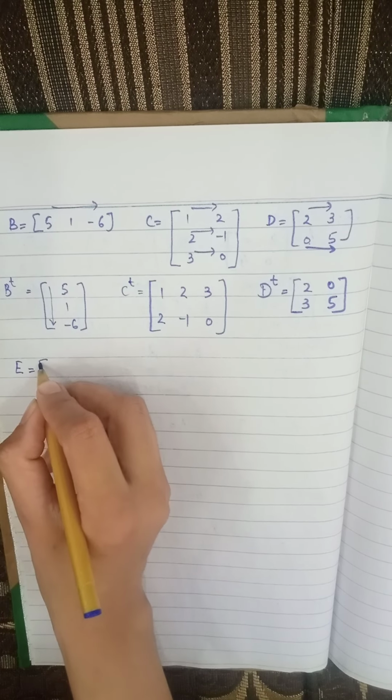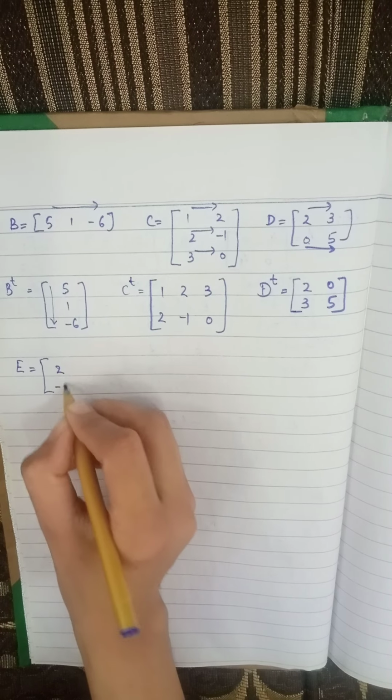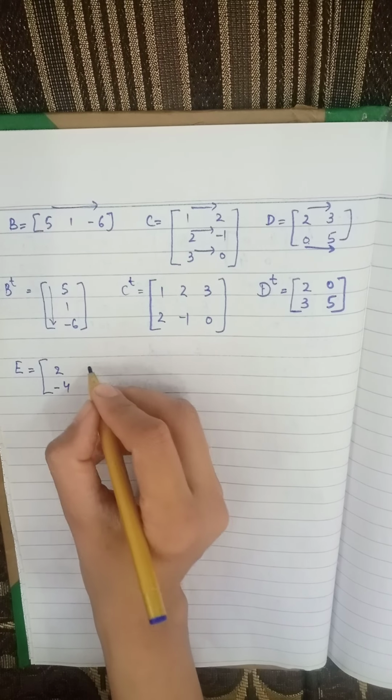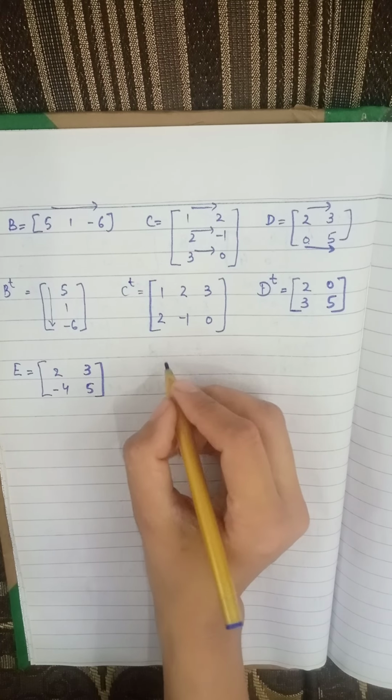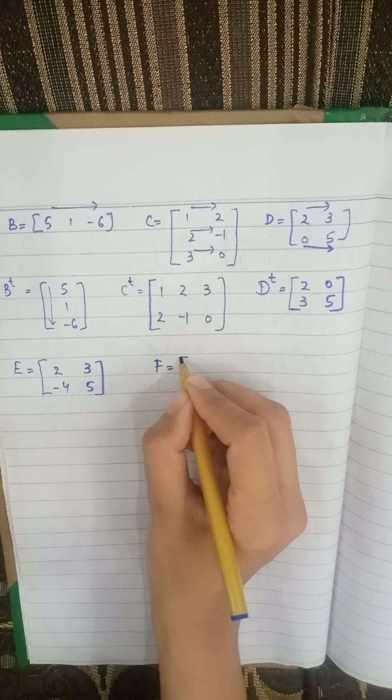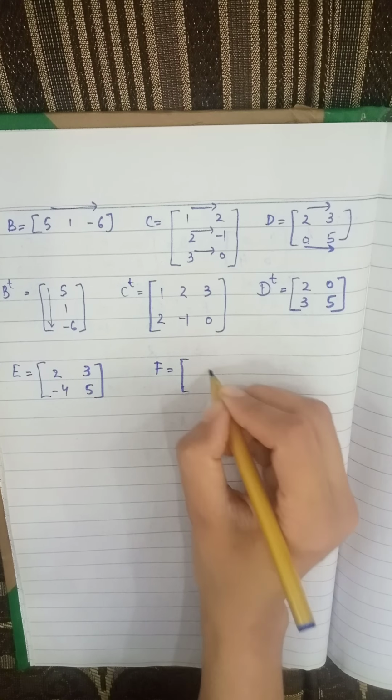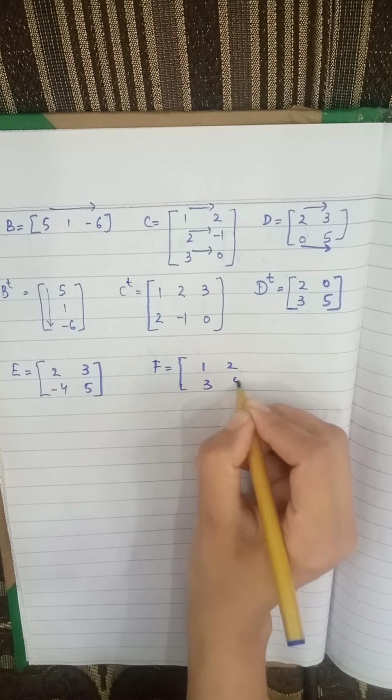What is the matrix E? 2, minus 4, 3, 5. And the matrix F, 1, 2, 3, 4.